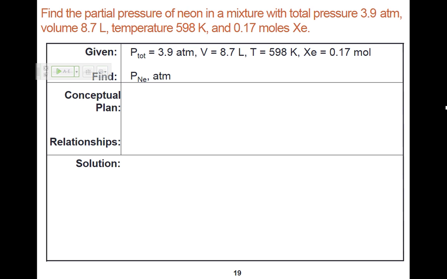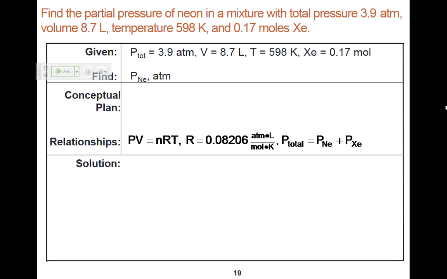So there are multiple ways you can go about doing this. I'm going to go through what's maybe a little bit simpler of a way, but they both work. So just keep that in mind. If I know my total pressure, and I know that my pressure of neon plus my pressure of xenon is going to be equal to my total pressure, if I find my pressure of xenon, then I can figure out my pressure of the other gas in the sample.